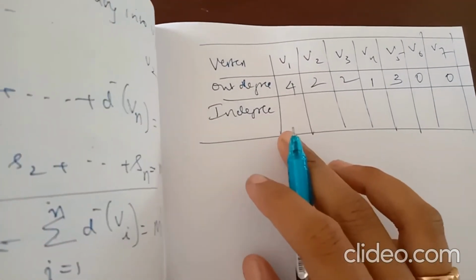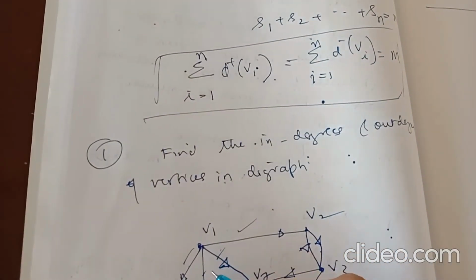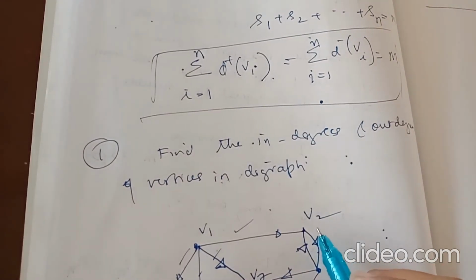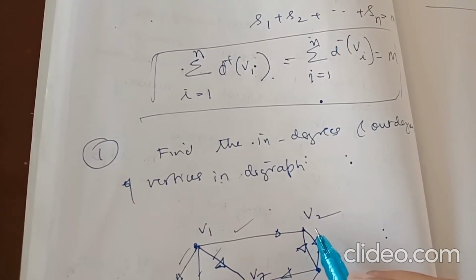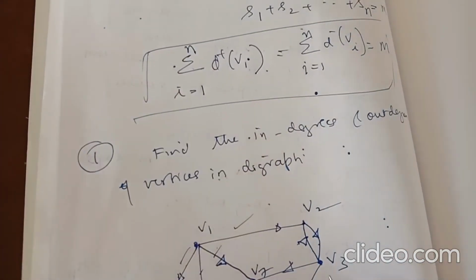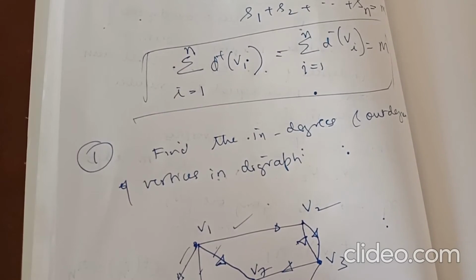Okay, let's complete the in degree for the vertices. In degree of V1: how many edges are reaching that vertex? No edges are reaching V1. How many edges are reaching vertex V2? Just one edge, right? How many edges are reaching vertex V3? We have got 2 edges. How many edges are reaching vertex V4? This is one edge, this is one edge.